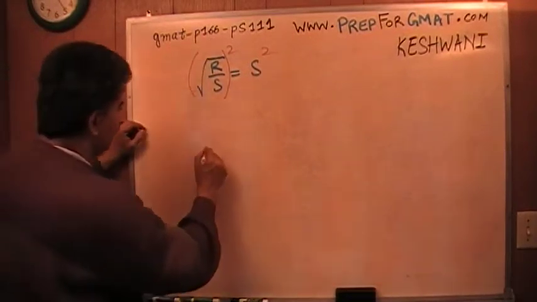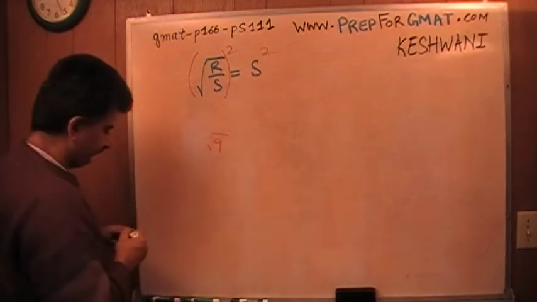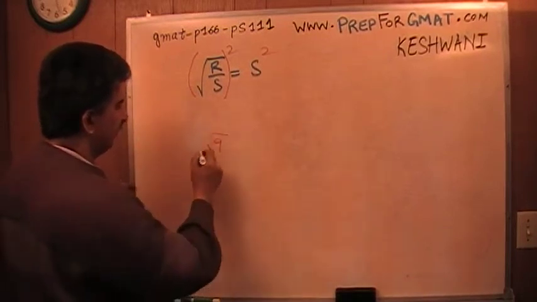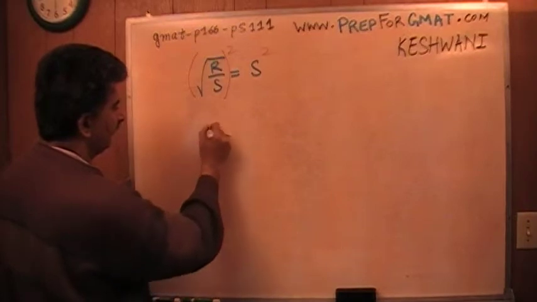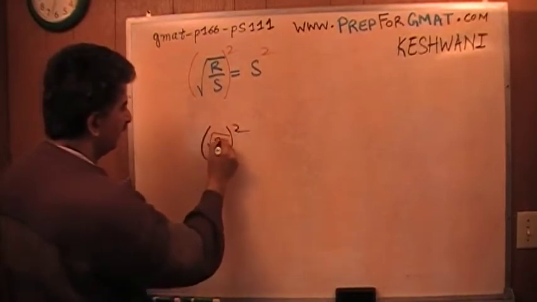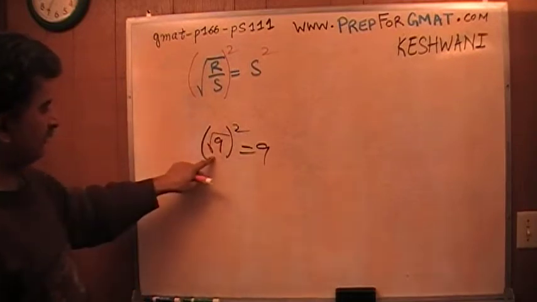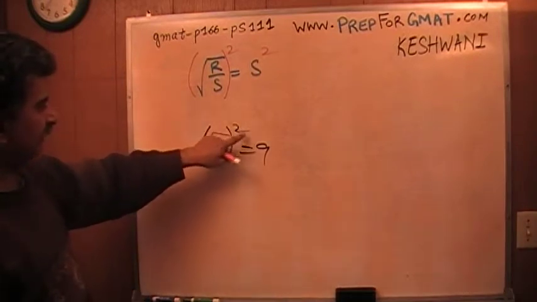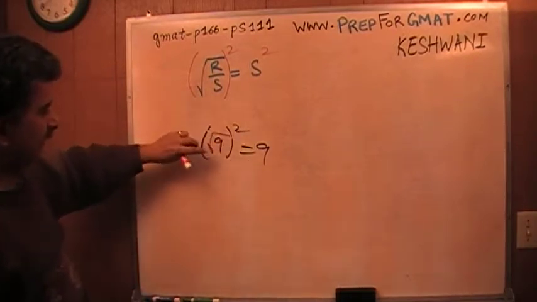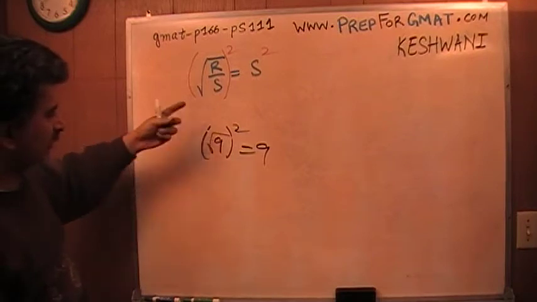For example, the square root of 9 I know is 3, but if I take a square of that, I end up back to 9, because square root of 9 is 3, and then 3 squared is 9. As you can see, it undoes the square root sign.